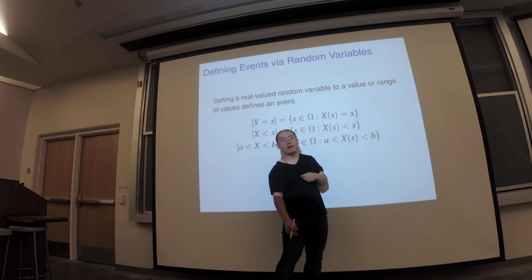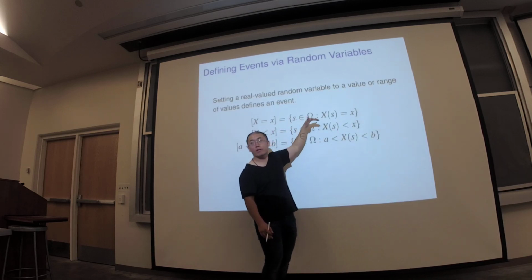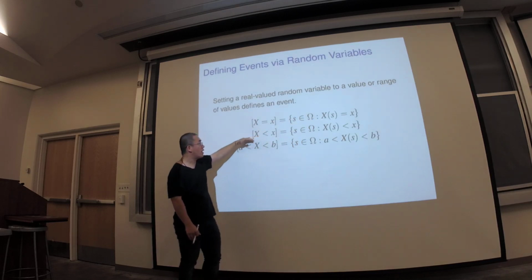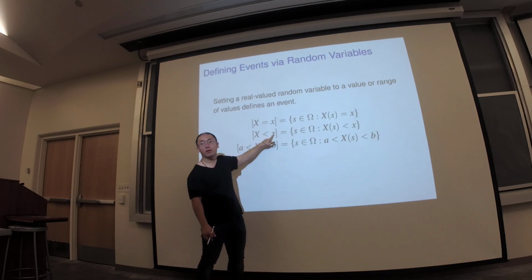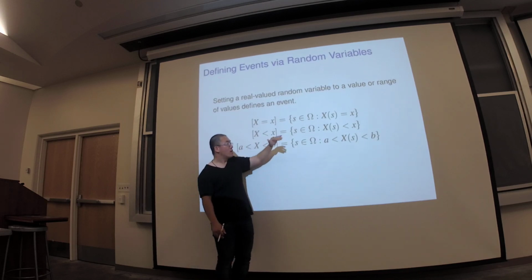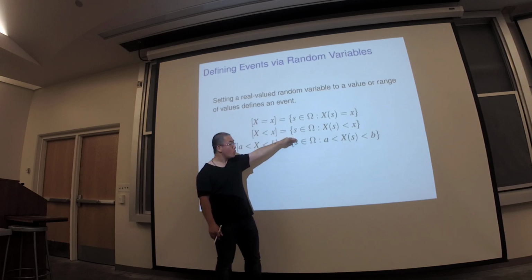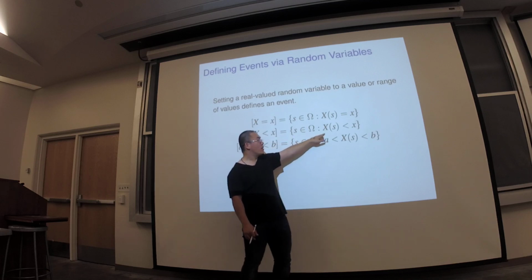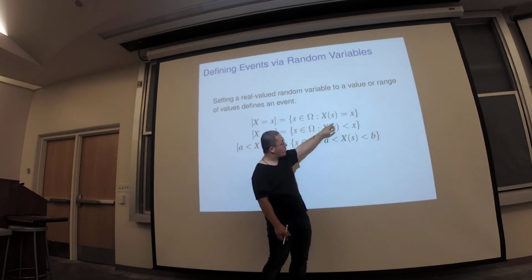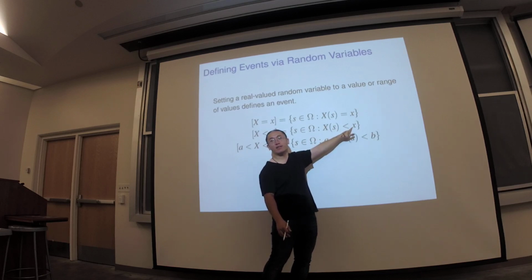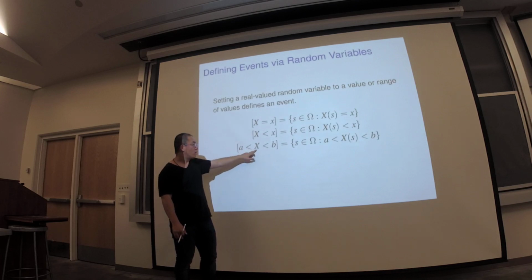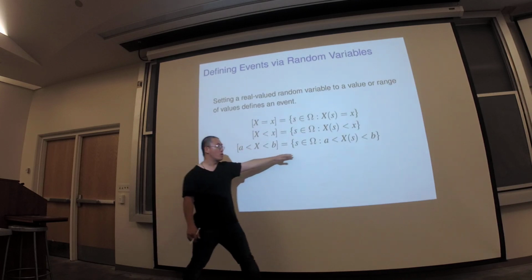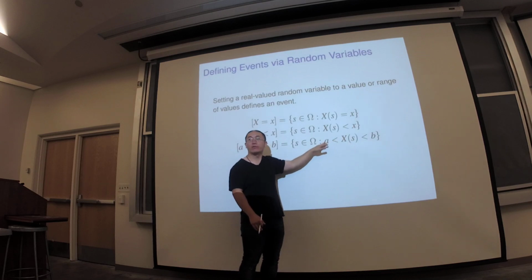This sounds tedious, but you should have this concept in mind. So when we say an event that the random variable is less than some particular value x, it means an event which is a set of outcomes where for each outcome the corresponding random variable value is less than this specific x. And similarly, if you use a range, that the random variable is between a and b, it corresponds to this event.